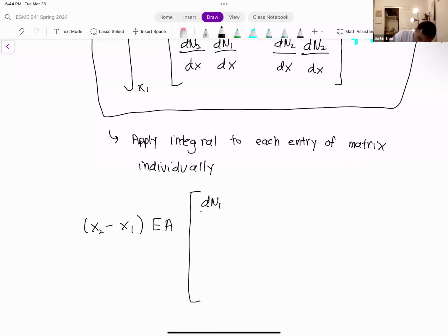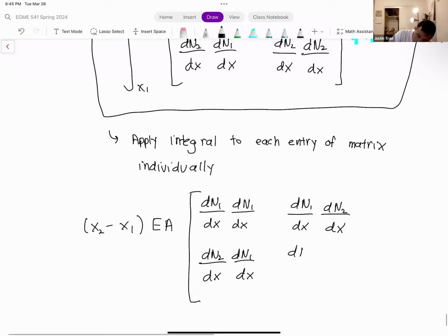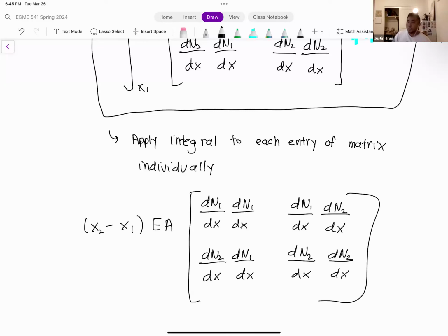So dn1 dx, dn1 dx, dn1 dx, dn2 dx, dn2 dx, dn1 dx, dn2 dx, dn2 dx. You basically just have a situation where you're taking a constant and multiplying it by the matrix.